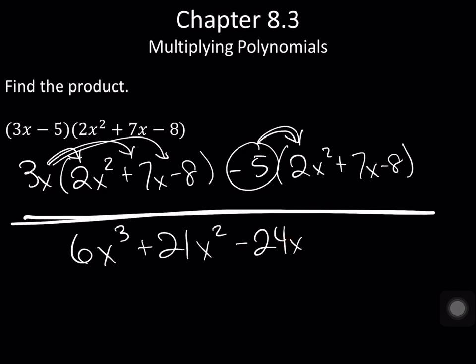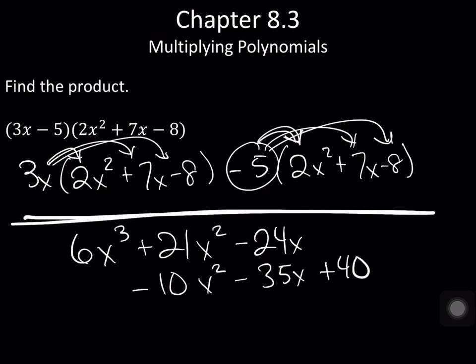So negative 5 times 2x squared is negative 10x squared. Negative 5 times 7x is negative 35x. And positive 40.